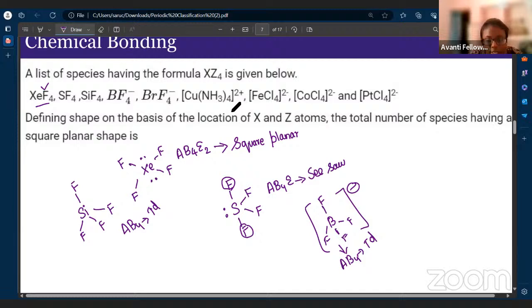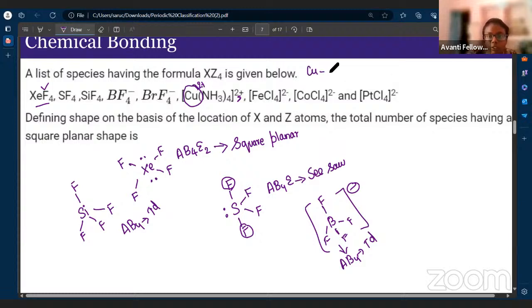Cu(NH3)4 2+. So here what you will do? You have to first calculate the oxidation state of copper over here. We know that amines are neutral ligands, so the oxidation state of copper is going to be 2+.